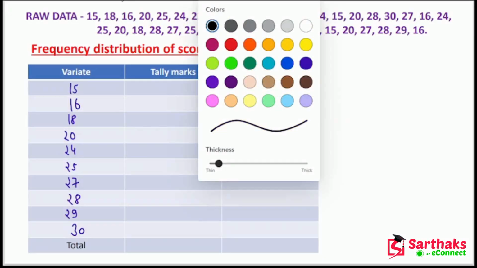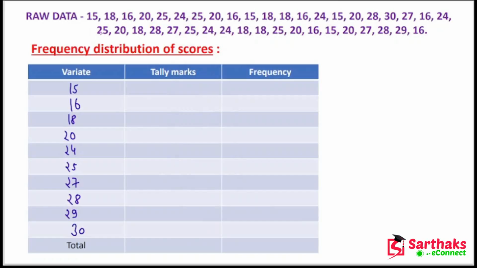Now let us count these, right? So 15: 1, 2, 3, and then 4. So yes, 4. So the frequency of 15 is 4, right? Let us start counting 16: 1, then 2, then 3.